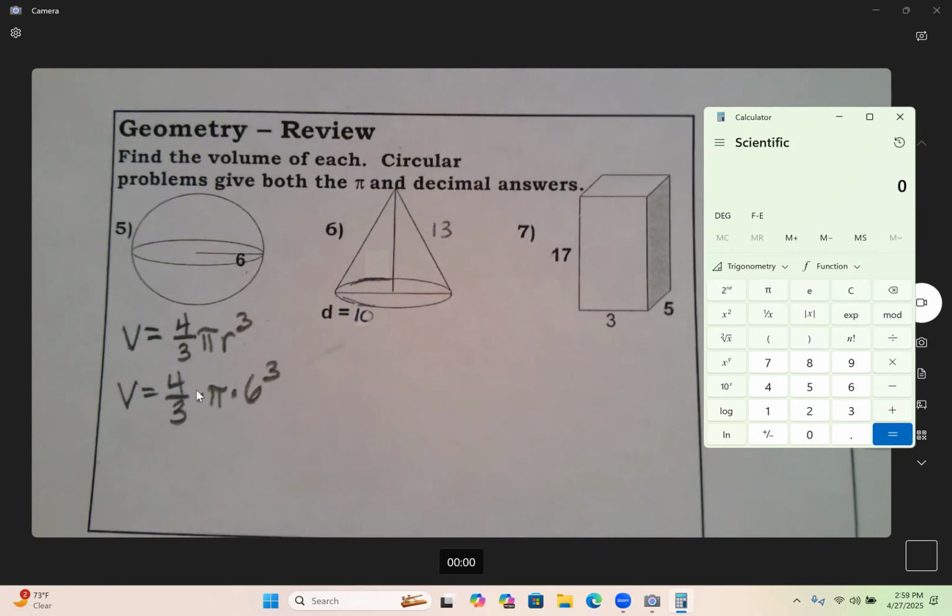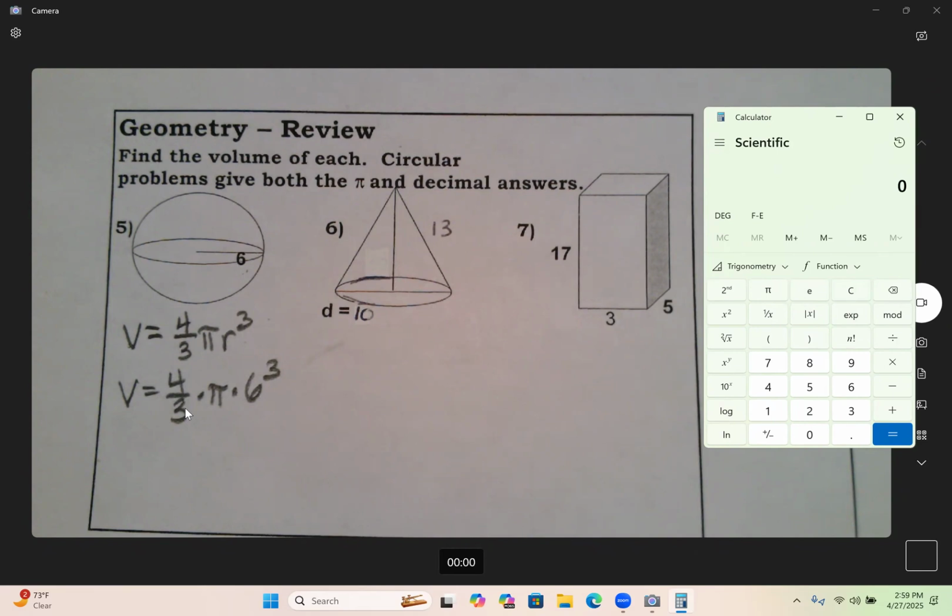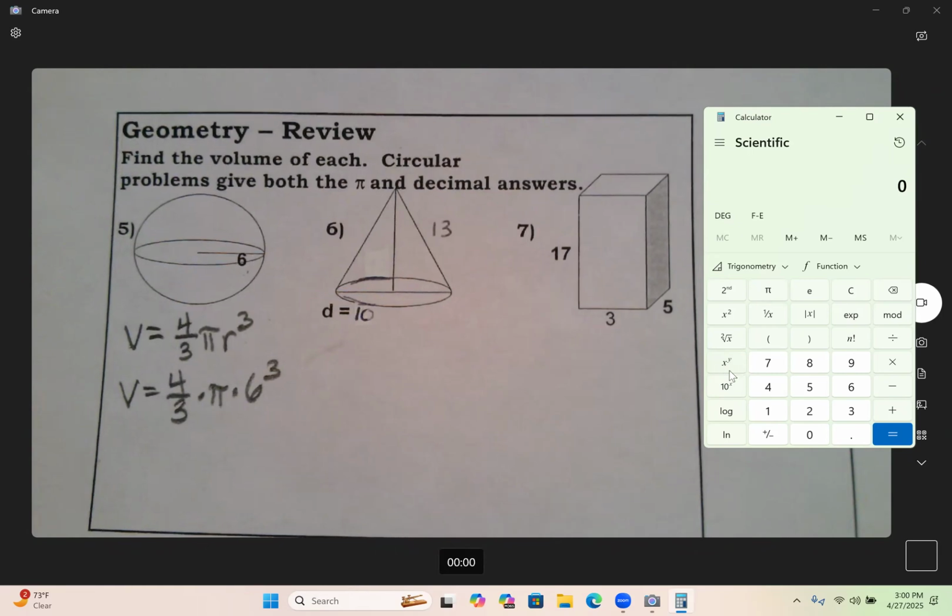Now, again, you all have the approved scientific calculator that has a fraction button on it. So you can do 4 fraction key 3 and then multiply by 6 to the third power. Now, both my calculator and the approved calculator have an exponent key on it, and it looks like this. Your location might be a little different than the calculator I'm using. But anyhow, this is an exponent key, x to the y power.